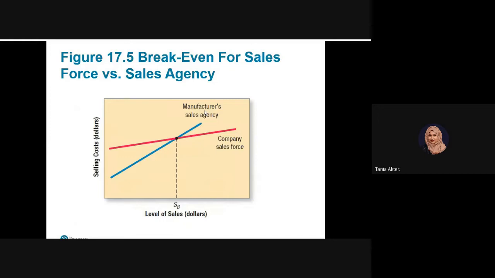Actually there is one sales level, SB, at which the selling cost for the two channels is the same. So the sales agency is the better channel for any sales volume below SB, and the company sales branch is better at any sales volume above SB.